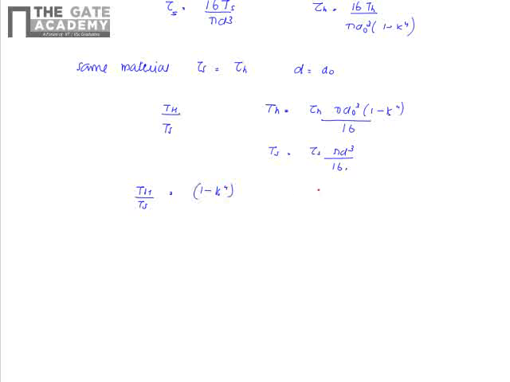And what is k here? K in this problem is given by 1 by 2. So this will be 1 minus (1 by 2) raised to 4. That's equal to 1 minus 1 by 16, that's equal to 15 by 16. Therefore, the ratio of torque carrying capacity of a hollow shaft to a solid shaft is 15 by 16.